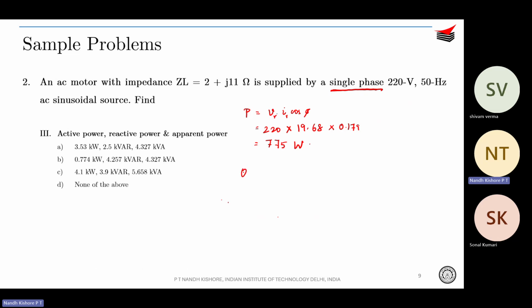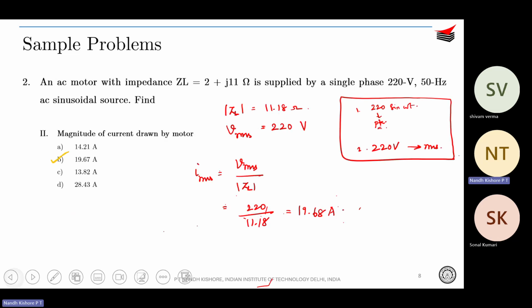So P is this, and obviously Q is VRMS, IRMS, sin phi. Now cos phi is 0.179, so how much would sin phi be? Cos square theta plus sin square theta is 1, so sin phi is root over 1 minus cos square phi.